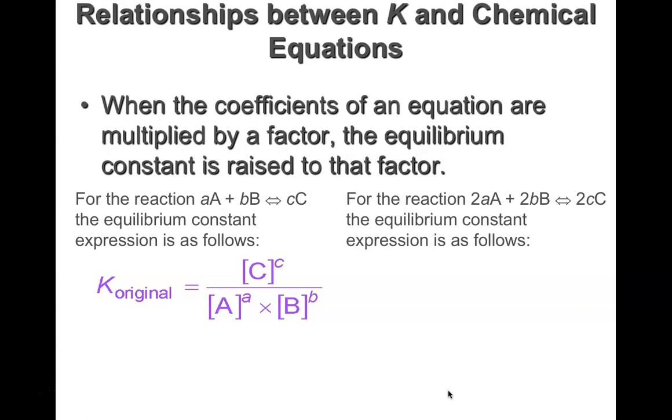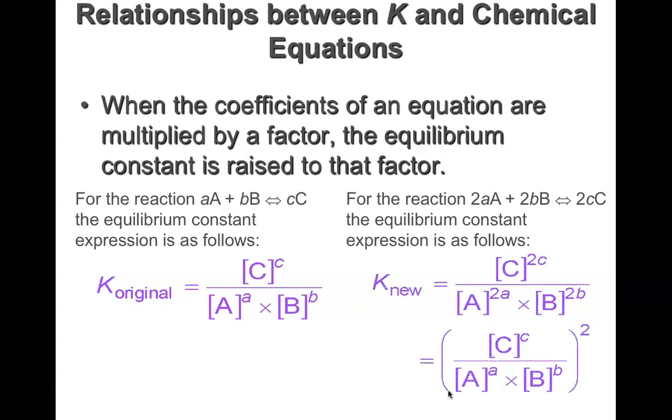But when you have multiple reactions and you can manipulate them similarly to Hess's law, instead of multiplying delta H by your factor, here with equilibrium, if you multiply by some factor, you have to raise it to the power of that factor.